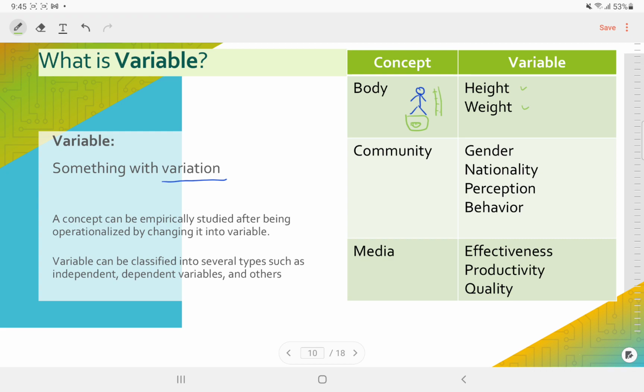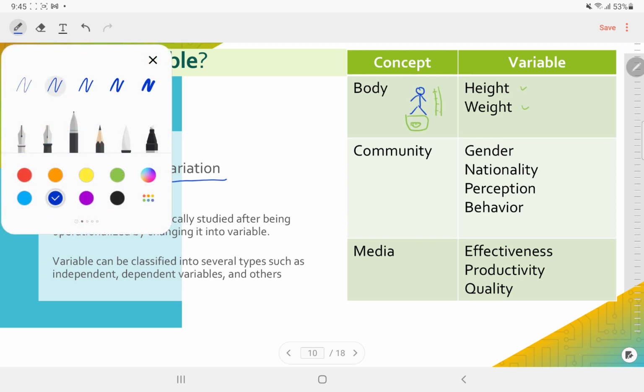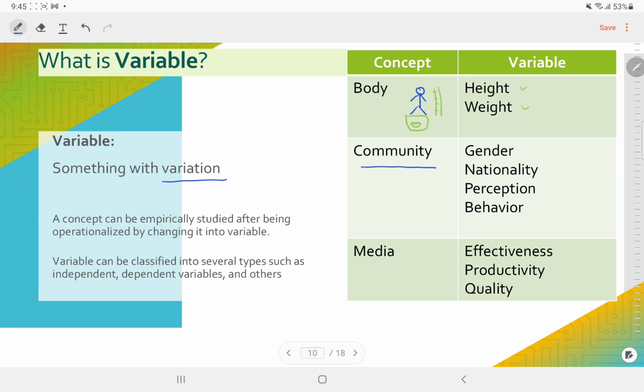Another example, if we are talking about community, the variable could be gender, male or female, nationality, perceptions, and also behavior. And if we are talking about the media, the variable could be the effectiveness of the media, the productivity of the media, and the quality of the media, or the quality of the content of the media.